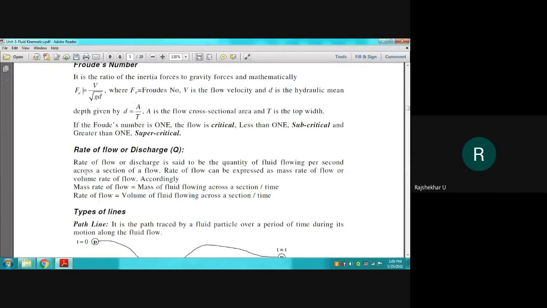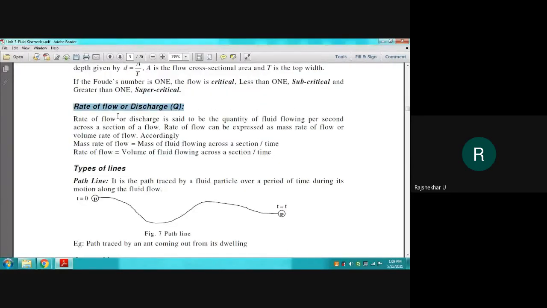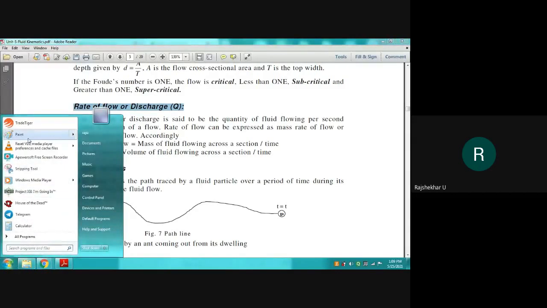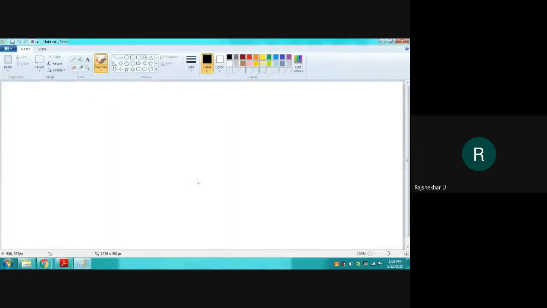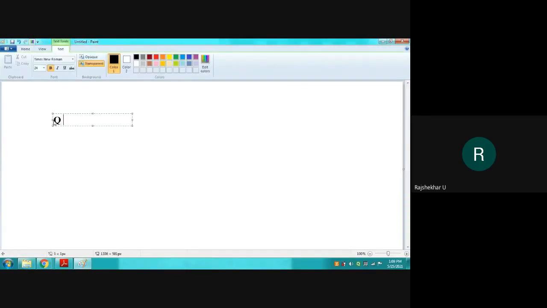Next we have, and this is very important, rate of flow or discharge. I think you have already studied this. Rate of flow is Q, also known as discharge. The unit of this is meter cube per second.